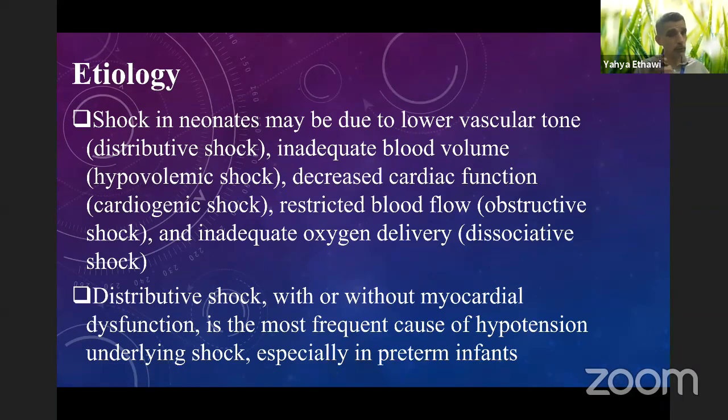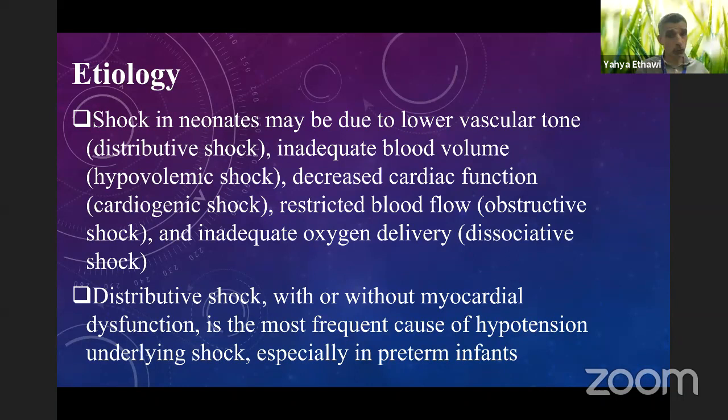You need to remember this principle when you treat and when you select the inotropes. The trend of giving normal saline, then dopamine, then dobutamine is no longer there. You need to assess and make sure what the type of shock is, and treat accordingly.